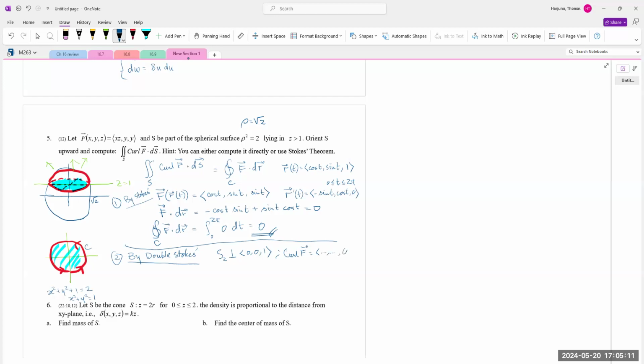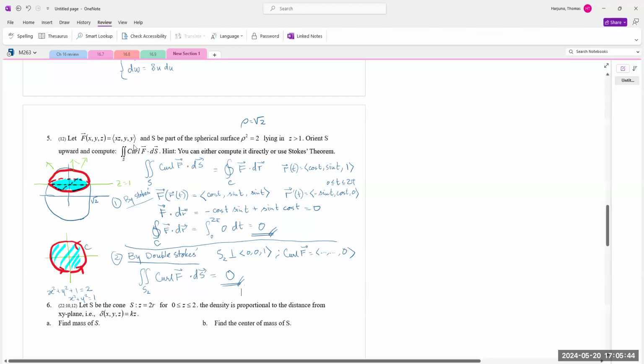So the double integral over S2 of curl of F dot dS, oriented upward, will be just 0. Okay, that's for number 5.